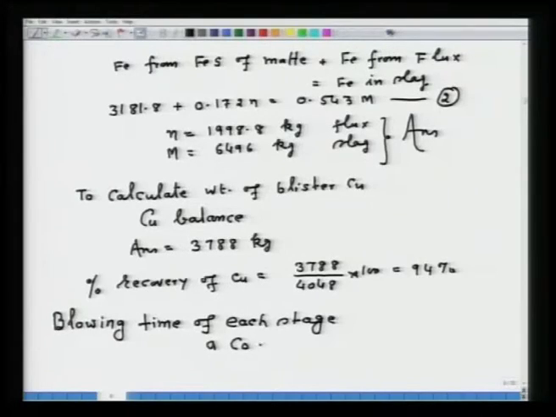Here, prior to the blister copper formation stage we have two stages, one is the coating stage and another is the slag formation stage. So, we have to find out the blowing time for each stage. That is an important thing, because here the first stage, stage A, consists of coating, and we need to find how much time it takes. The second stage consists of the slag formation stage.